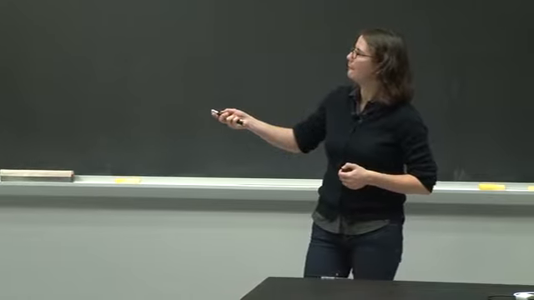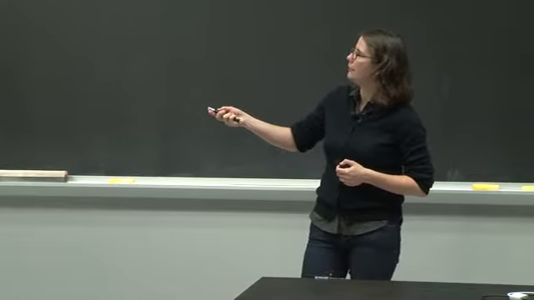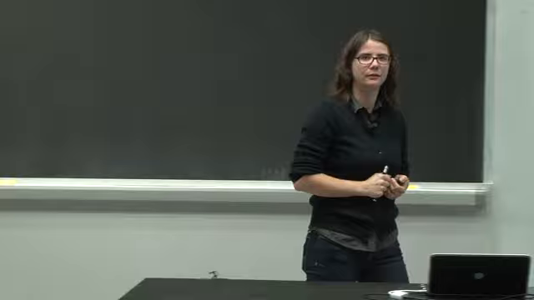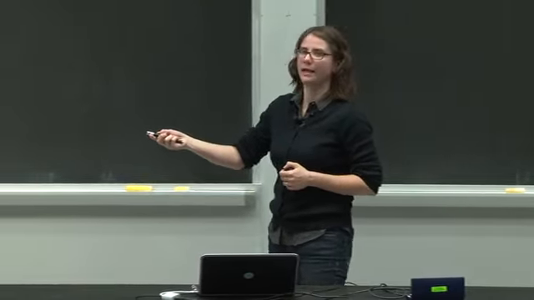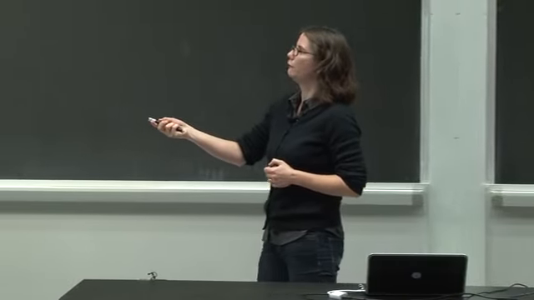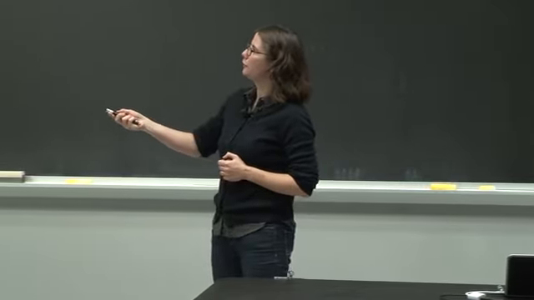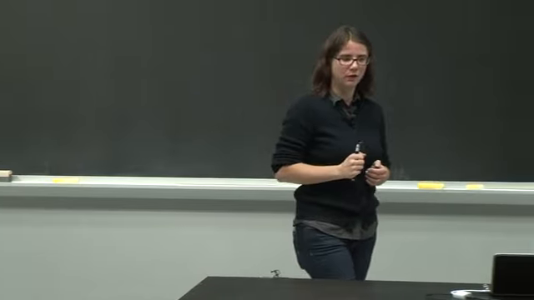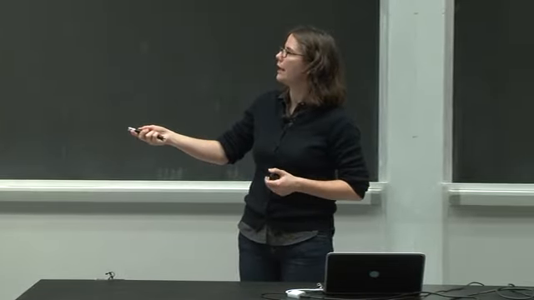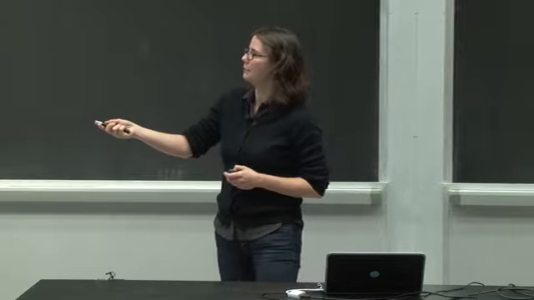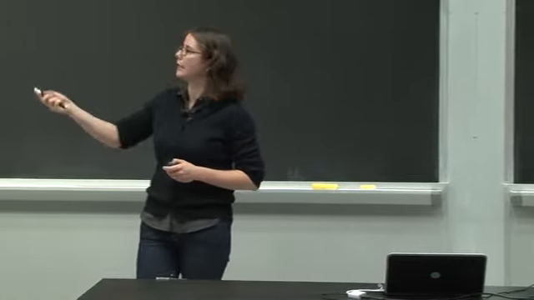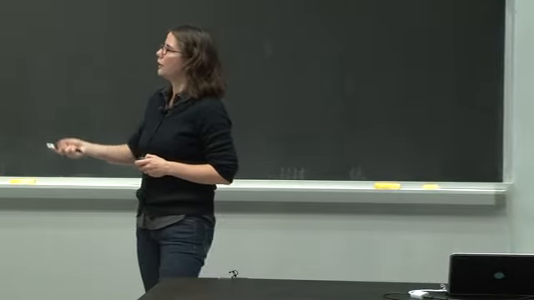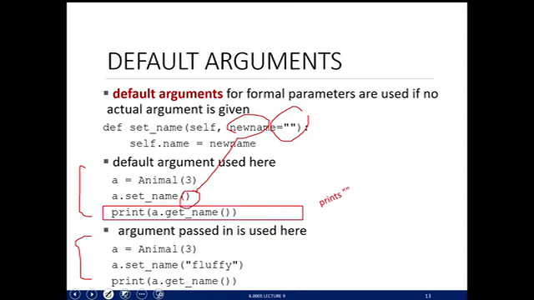But that's okay, because new name actually has a default argument. Okay? So that tells Python if no parameters passed in for this particular formal parameter, then use whatever is up here by default. So if I haven't passed in the parameter, a.setName is going to be setting the name to the empty string, because that's what the default parameter is. So in the next line, when I print a.getName, this is just going to print the empty string. Okay?